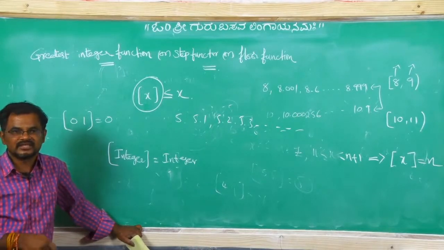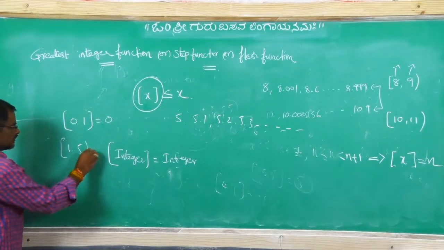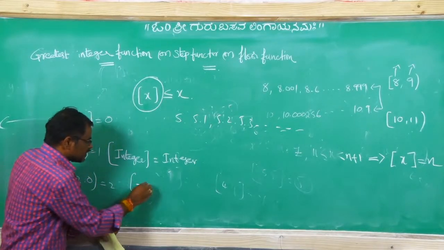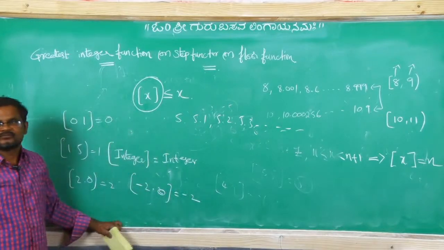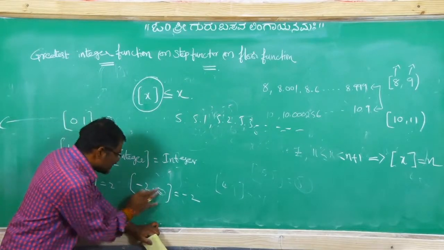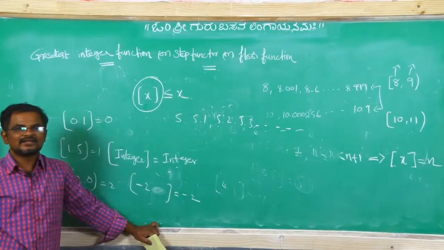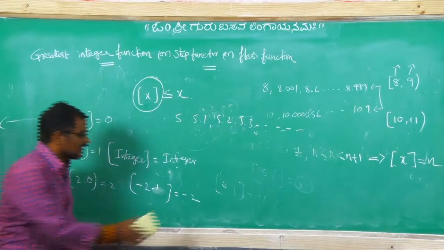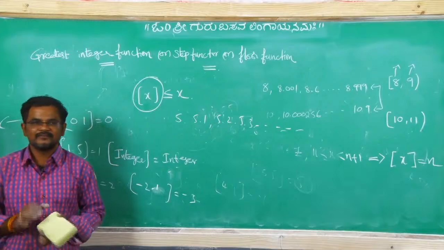The greatest integer of 1.5 is 1, of 2.0 is 2, of minus 2.0 is minus 2, because minus 2.0 is nothing but minus 2, an integer. But minus 2.1 is between minus 3 and minus 2, so be careful about that one. Clear?